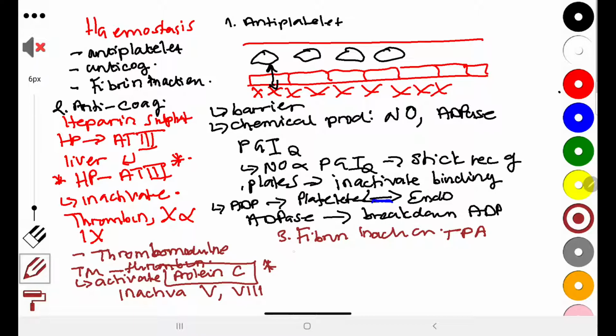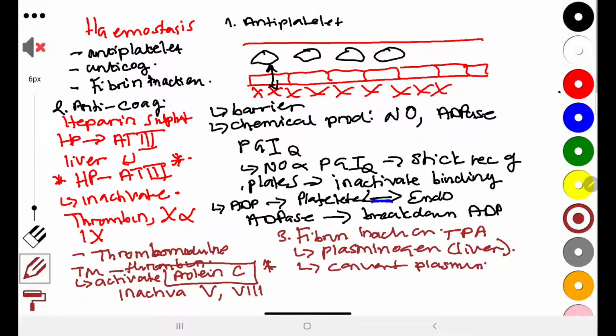TPA activates plasminogen, which comes from the liver, and converts it to plasmin. Now, what does plasmin do? Plasmin degrades the fibrin, but not only fibrin, also other factors such as factor 5, factor 8, factor 12, fibrinogen as well, and prothrombin.